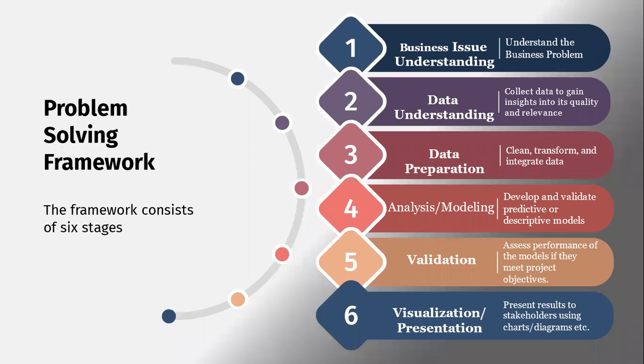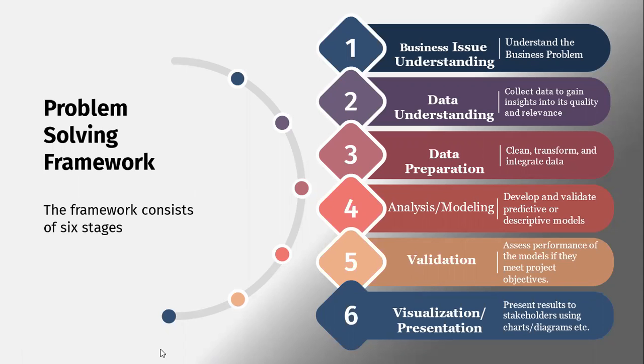So this consists of 6 stages, which is the business understanding, where you understand the business problem, data understanding, data preparation, analysis/modeling, validation, and visualization/presentation. So the first step is to understand the business problem.